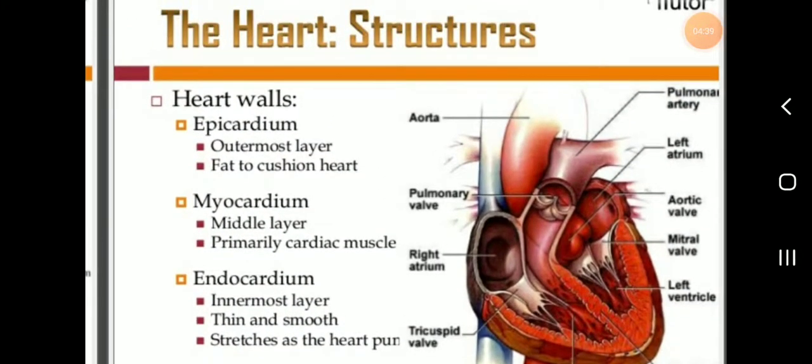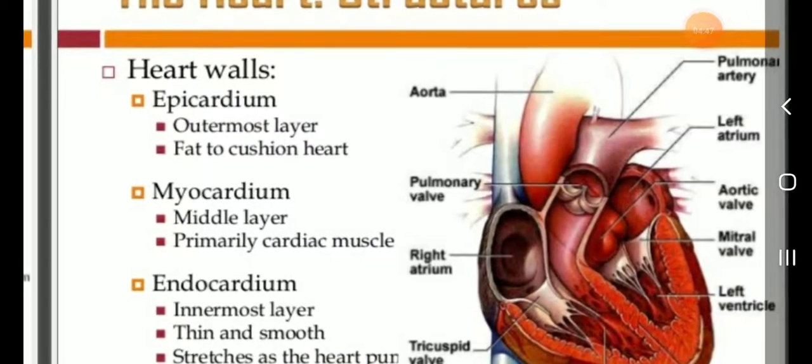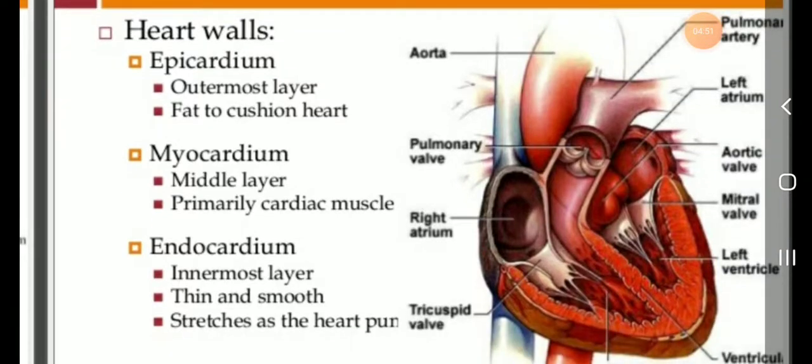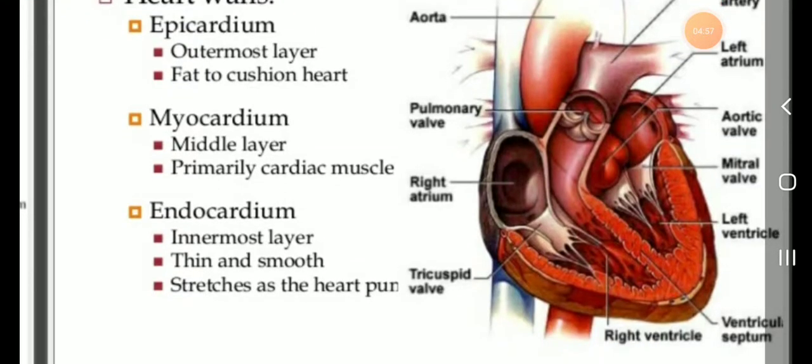Next, heart structure. Heart walls. The epicardium is the outermost layer. Fat cushions the heart. Then the myocardium, the middle layer, primarily cardiac muscle. Next, the endocardium, the innermost layer, thin and smooth, which stretches as the heart pumps.